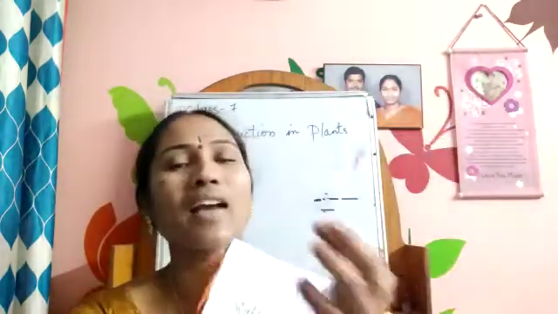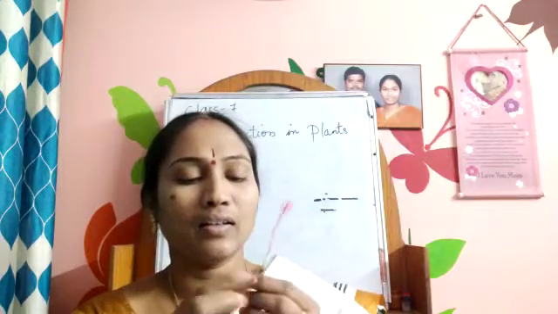So in this way we have to dissect the flower. In hibiscus it is a little different and difficult. If you take a Datura flower, then it is very easy. Here at the bottom of this, the ovary is present. If you cut it into two halves, you can see it.